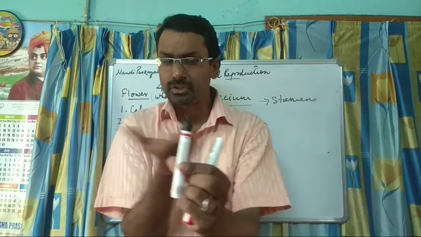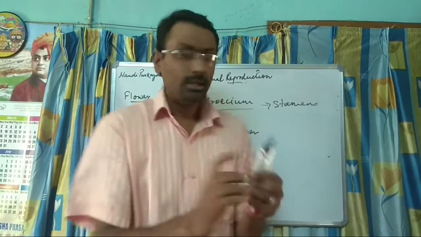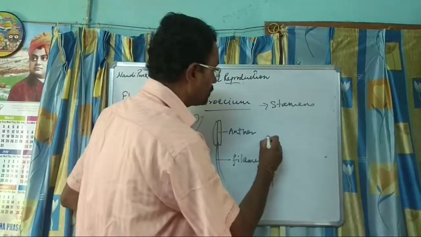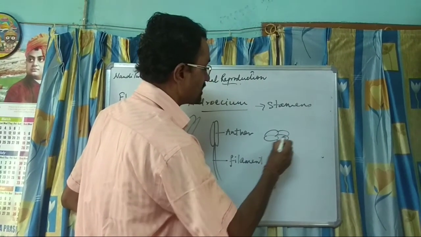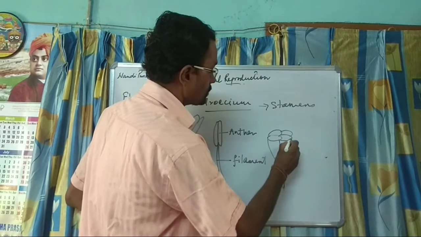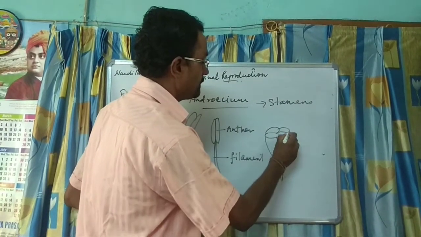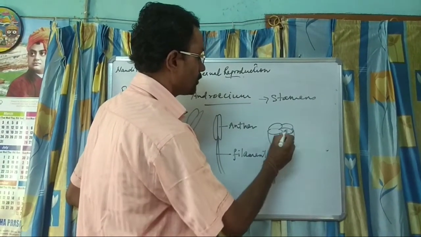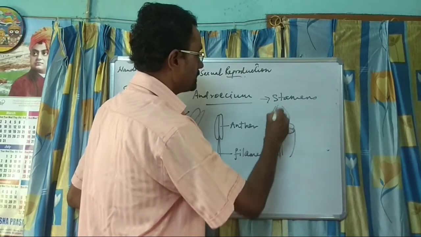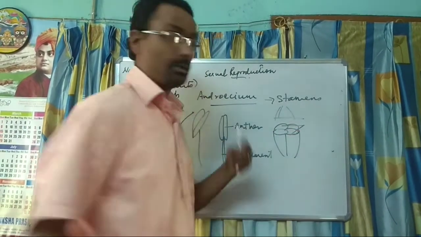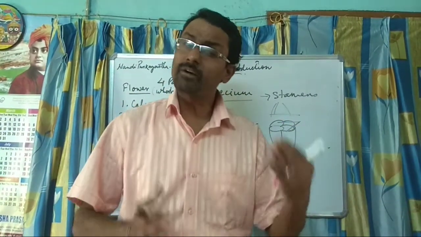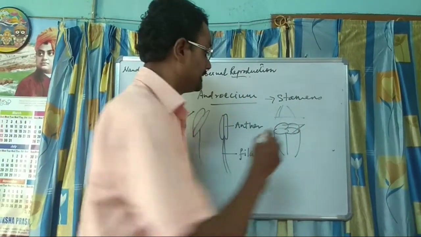If we make a transverse section of the anther, we find a four-sac structure like this. That means on the upper part we made a cut, and we find the occurrence of four sacs.